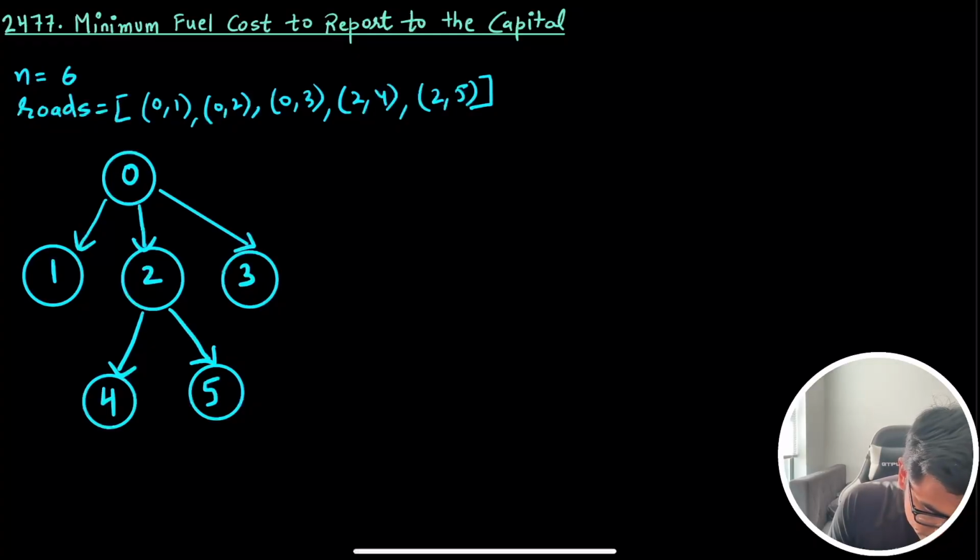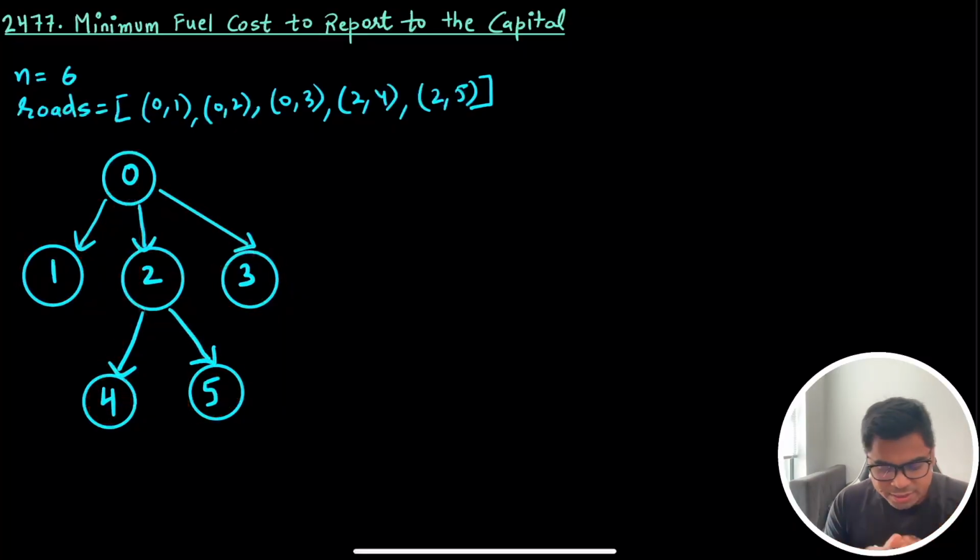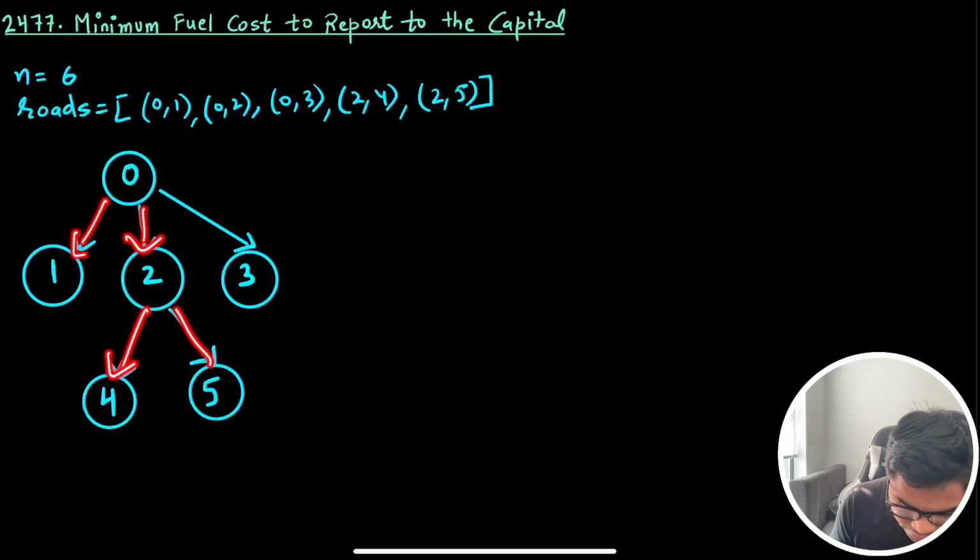Okay, so what are we trying to do? We are trying to calculate the minimum amount of fuel it will take to get all our representatives to city 0, because that is the capital city. Now, what is the problem with running DFS and getting all of them to 0? Well, we could run DFS on 0 and calculate the number of edges, and then say each city has a car, and that car can take the representative.